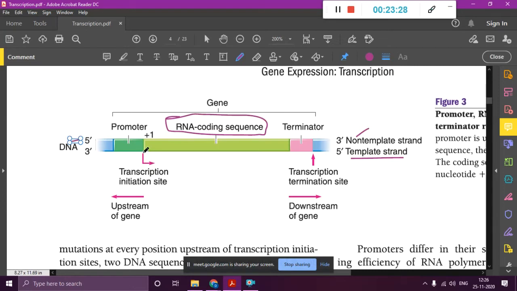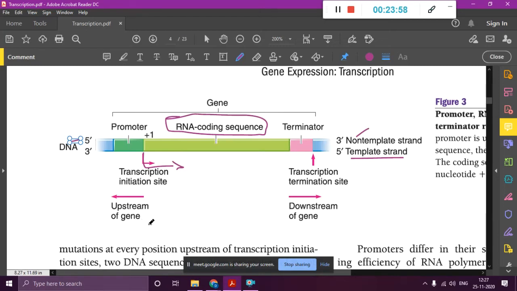So the +1 is the region where the first RNA nucleotide is going to be added, the transcription initiation site. So the transcription will start from this site, that is the +1. Before that it is the promoter, -1, that is not going to be made into RNA, but +1, +2, plus however many, that is going to be made into RNA.